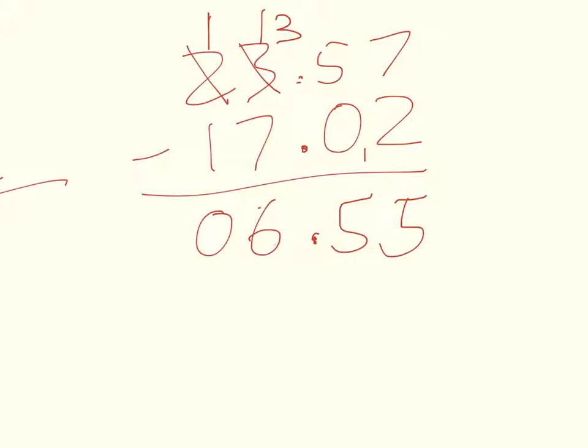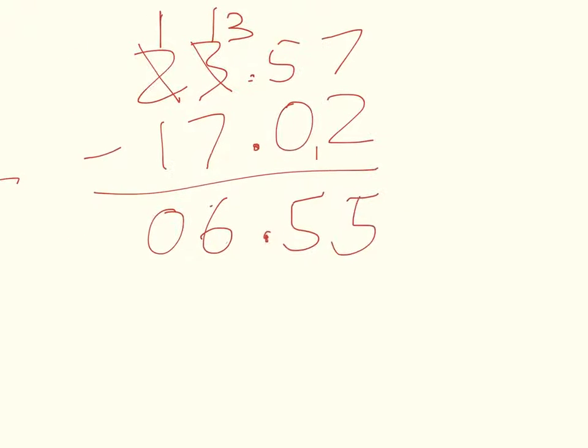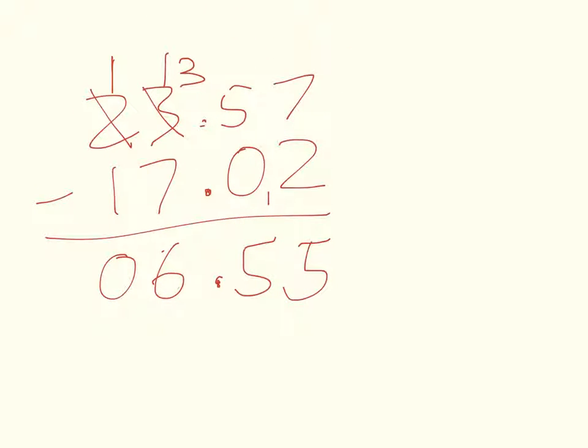You can do an addition problem to check. What we can do is add up our difference to the number we subtracted, and we should get the number we started with. So we do 6 and 55 hundredths plus 17 and 2 hundredths.